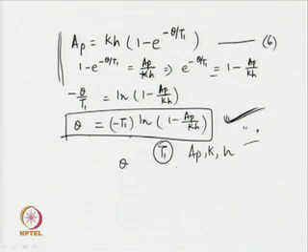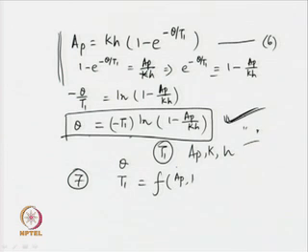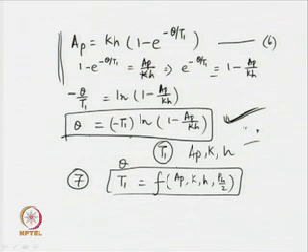The seventh expression can similarly be expressed in the simplified form, which will give you T 1 as a function of A p, k, h and p u by 2. You use 7 and estimate T 1.